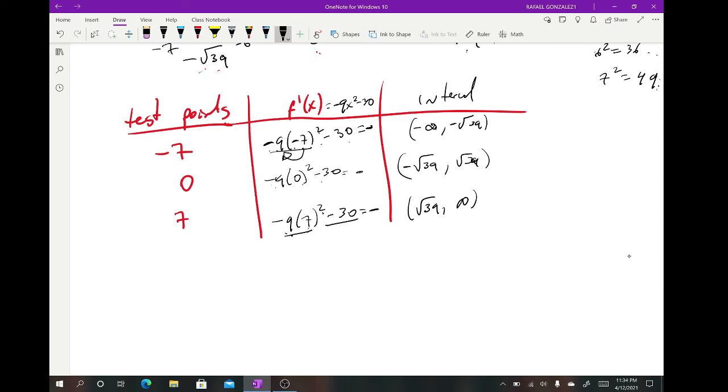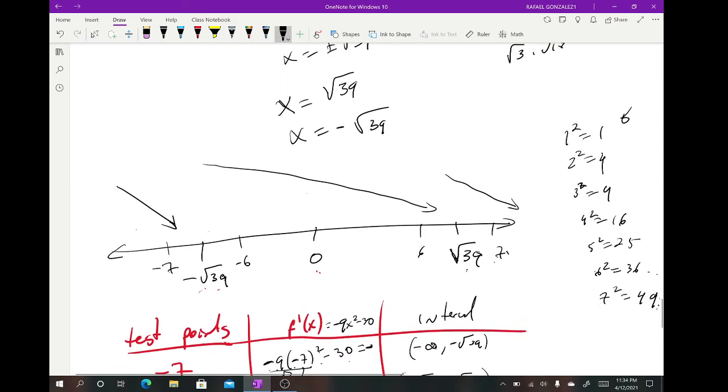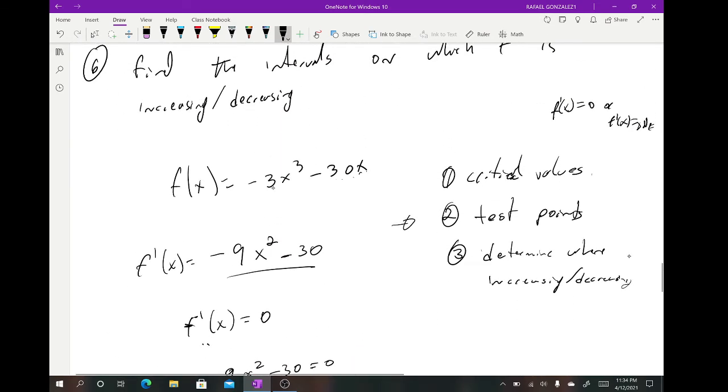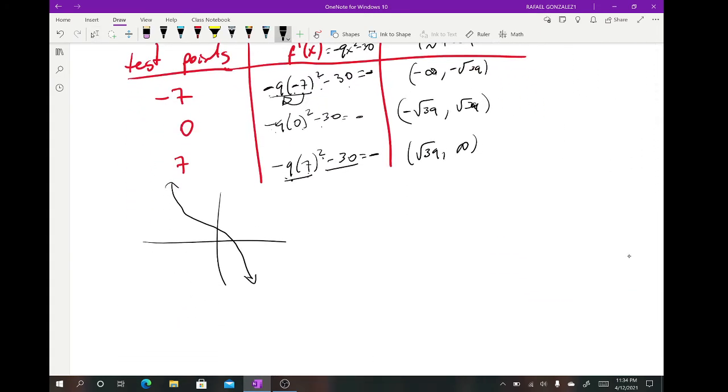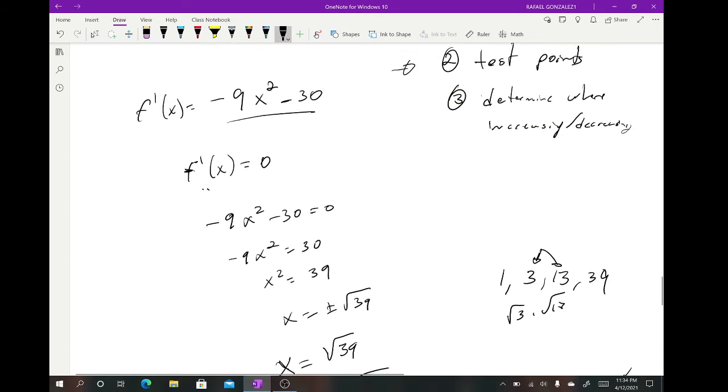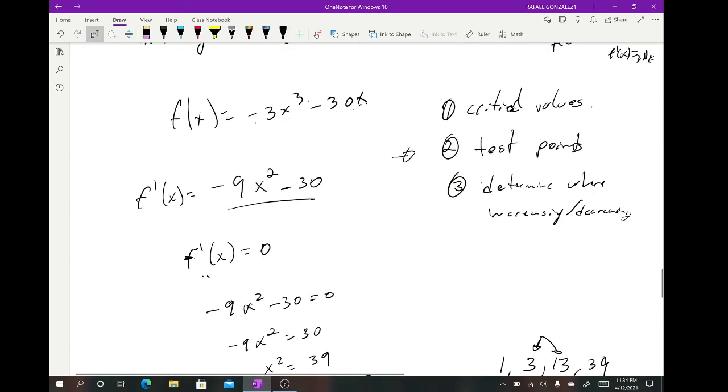So that means that it's a function that may look like this. And it may look like this. It's always decreasing. And how do I know it's going to look like this? Well, this is a negative cubic. So it's going to go down from left to right, and it's going to look kind of like the cubic function. So definitely it's going to be decreasing on the entire real number line.